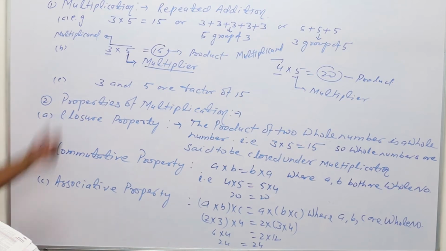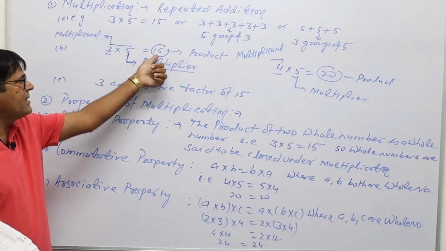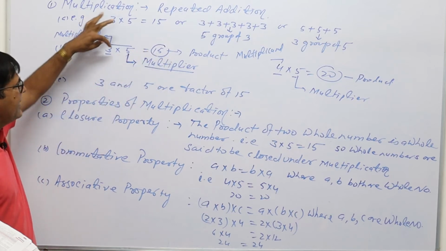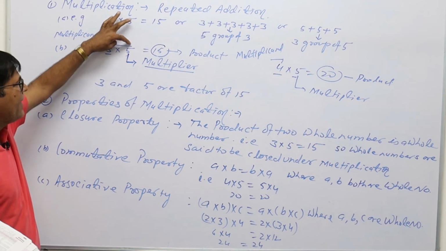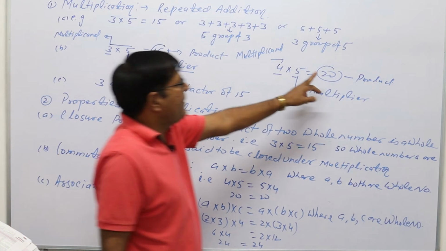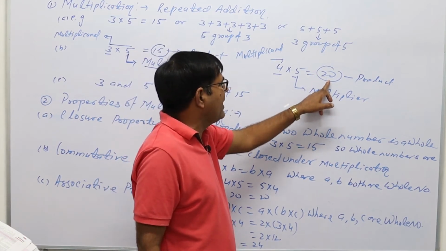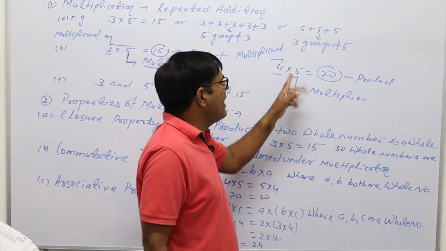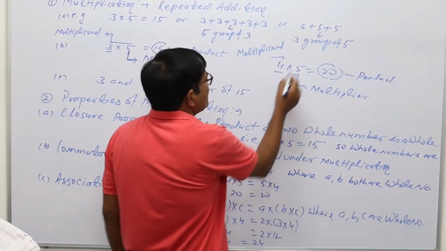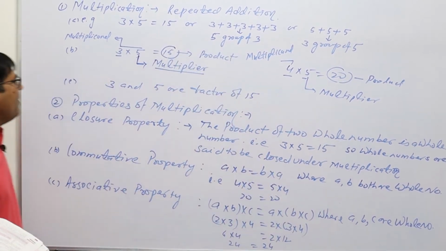So here, if 3 multiplied by 5 is equal to 15, then 15 is the product, and these two numbers 3 and 5 are known as the factors of 15. Here 4 into 5 equals 20, so 20 is the product, and for the product 20, these two numbers 4 and 5 are known as its factors.